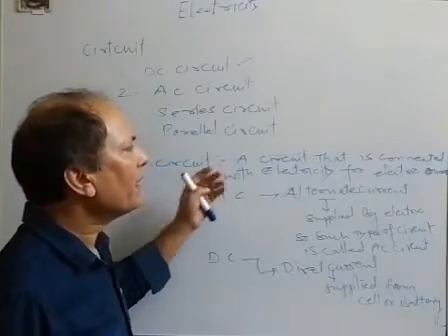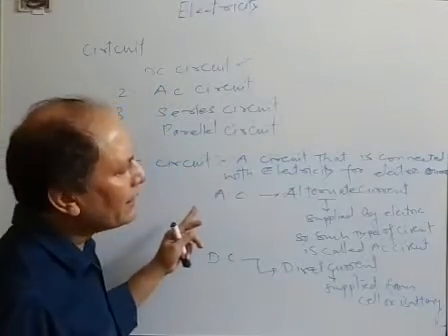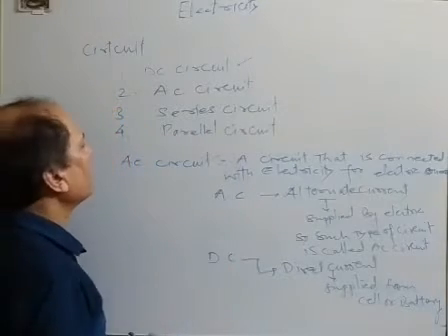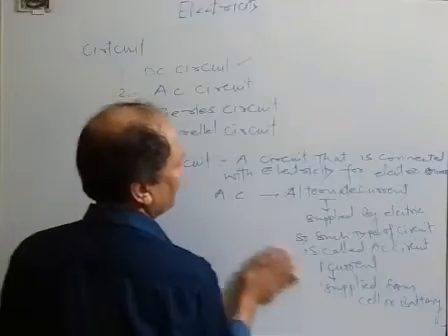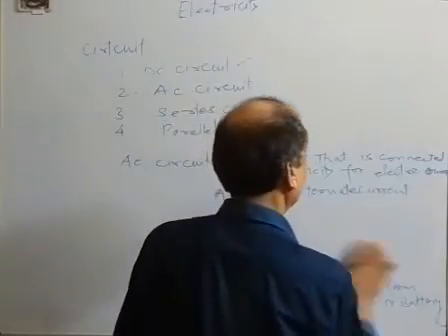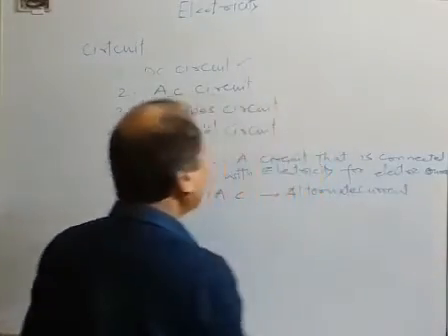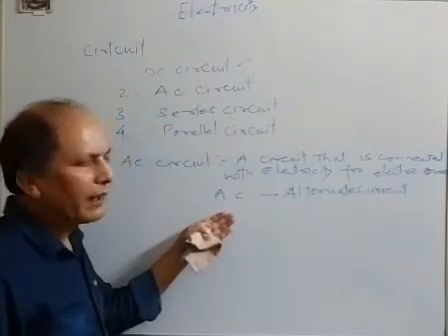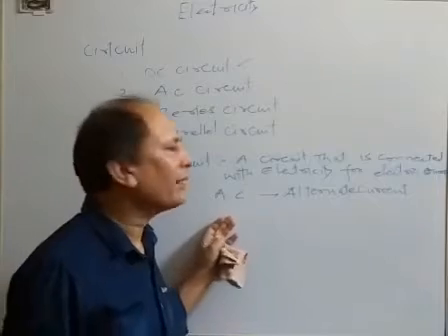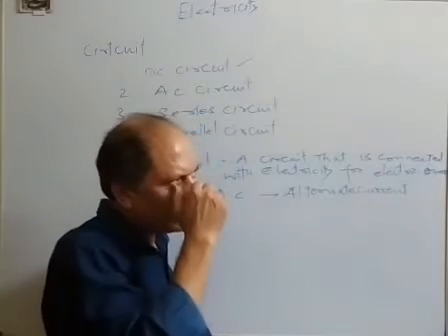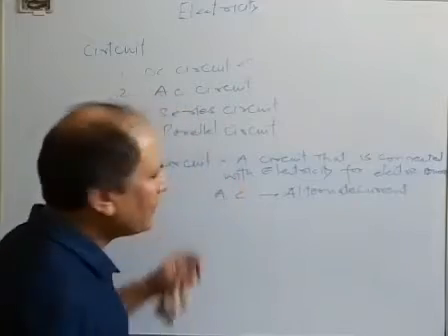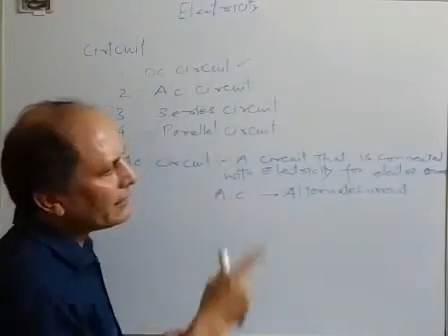So, AC circuit: a circuit that is connected with electricity or electric source is called AC circuit. Actually, AC means alternate current, supplied from electric supply.